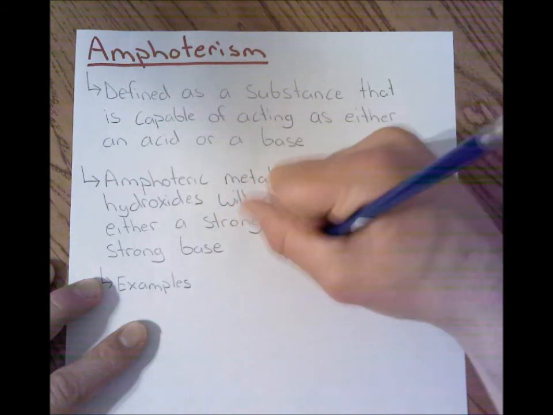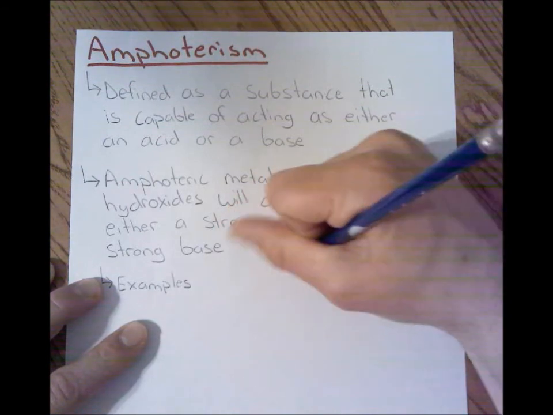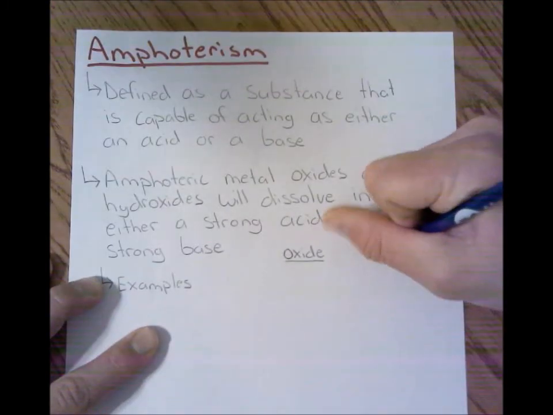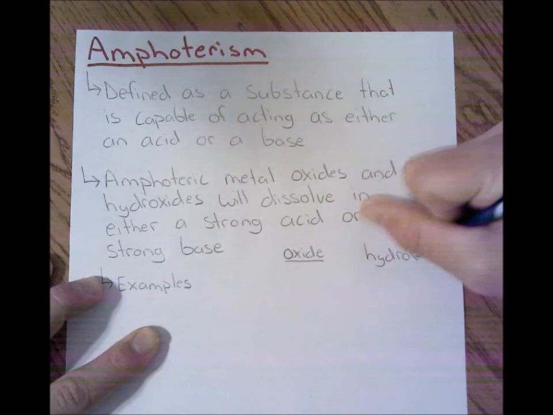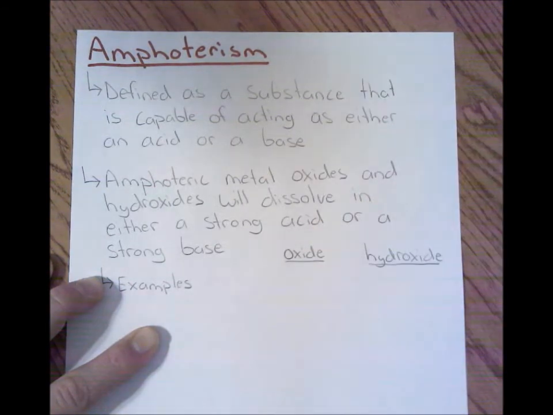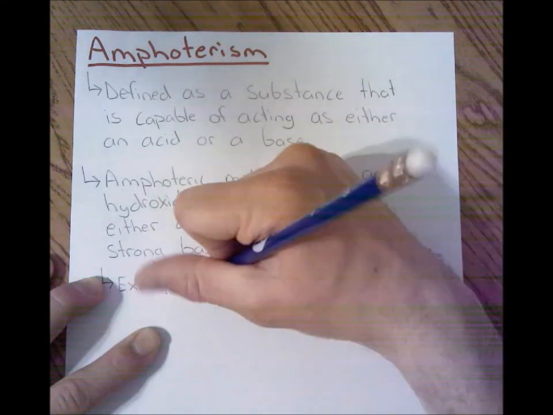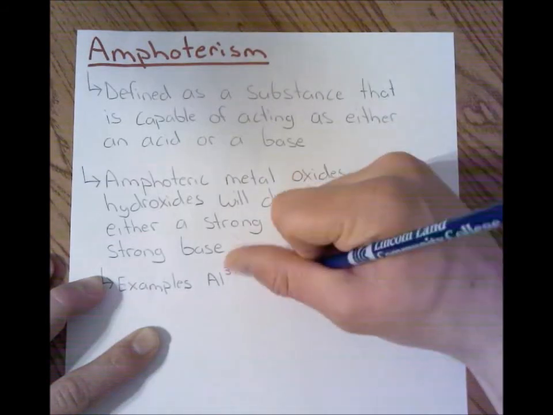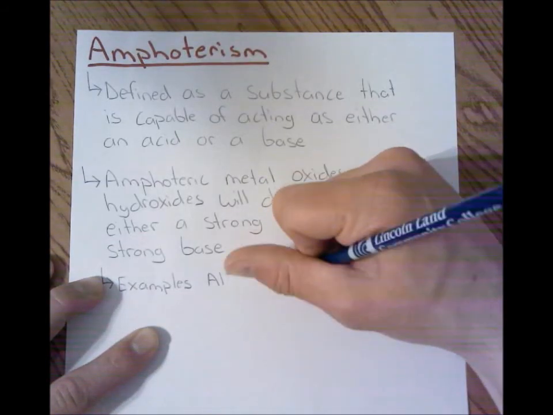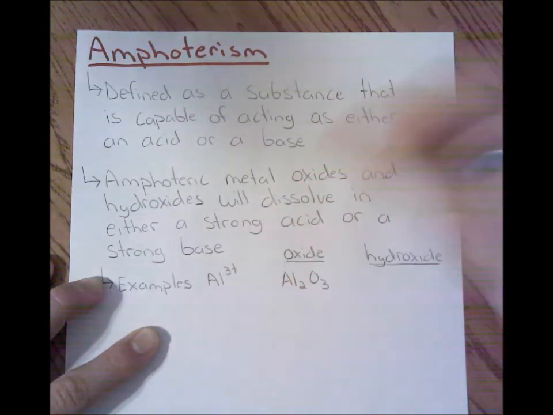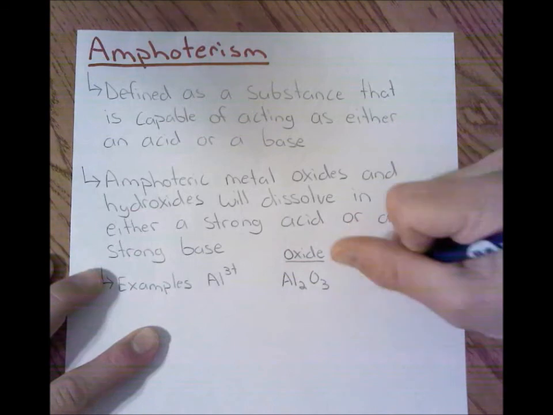So one example that comes to mind here is our Al3+, our aluminum ion. And so when it forms an aluminum oxide, we get Al2O3, and when it forms a hydroxide, we get Al(OH)3.